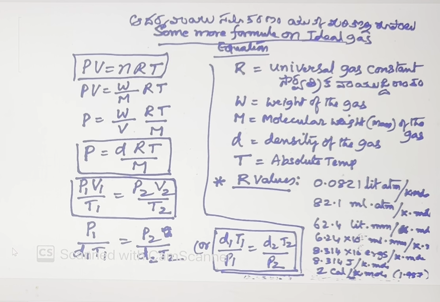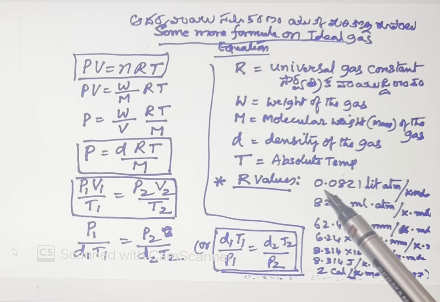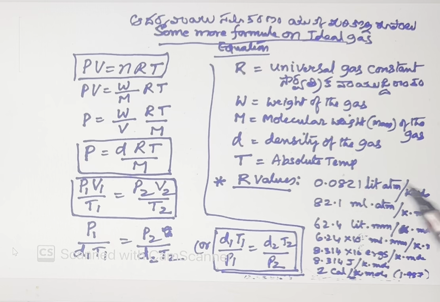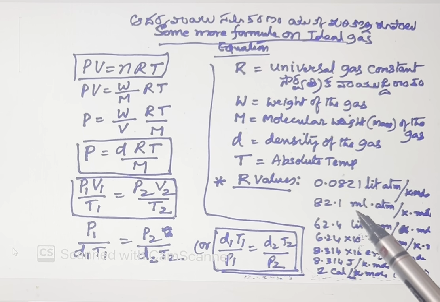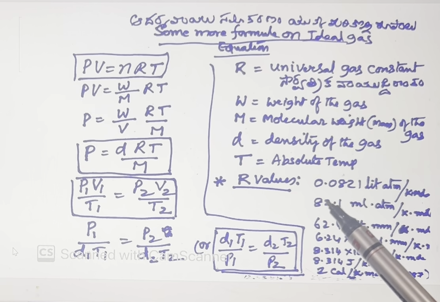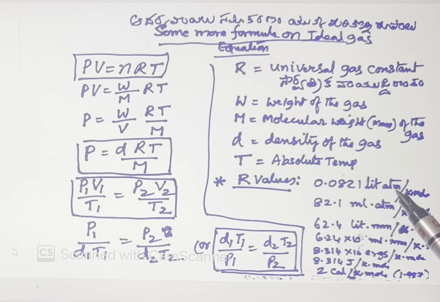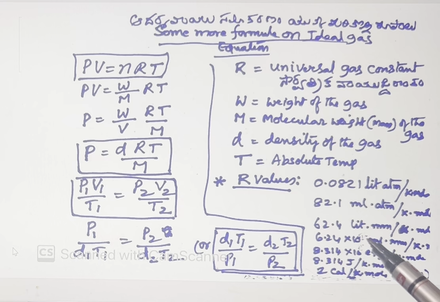In this way you can do several problems, but you have to see the proper R values. Once again I am repeating: 0.0821 liter atmosphere per mole Kelvin, and 82.1 milliliter atmosphere per mole Kelvin. If the volume is in milliliters and pressure is in atmospheres, then this value is used. If the volume is in liters and pressure is in atmospheres, then the 0.0821 R value should be used.